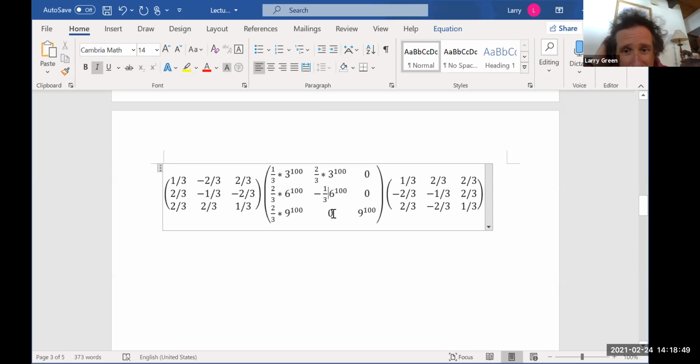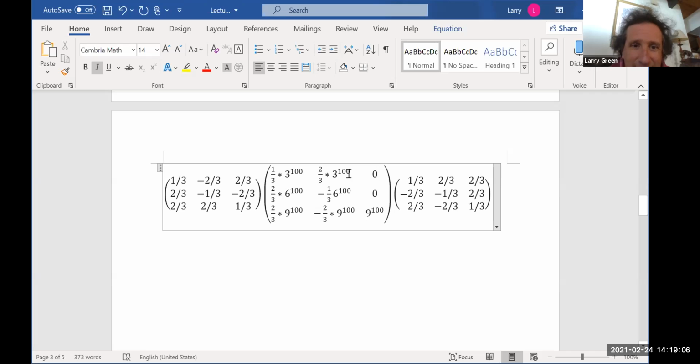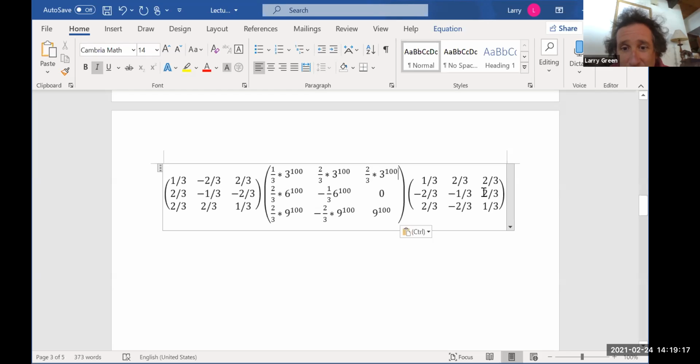And the next one will be -2/3 times 9 to the 100th. Okay, the next one will be 2/3 times 3 to the 100th. So you notice it's basically just, you take the number and multiply by whatever it is to the 100th. And then the next one will be 2/3 times 6 to the 100th. And the final one will be 1/3 times 9 to the 100th.